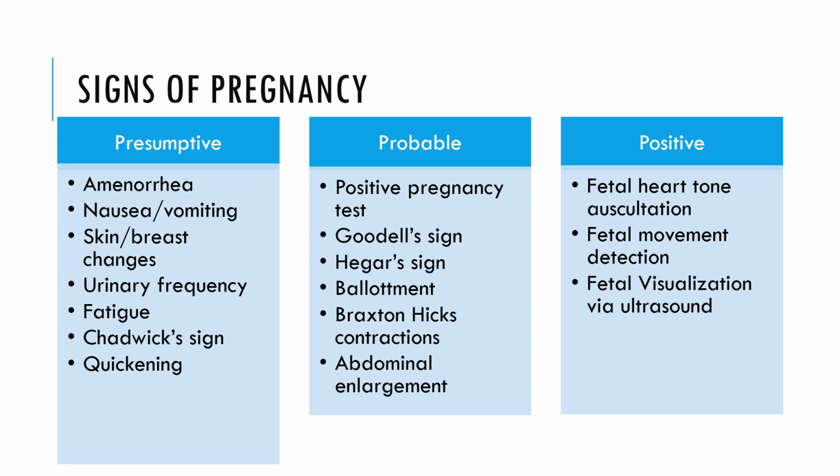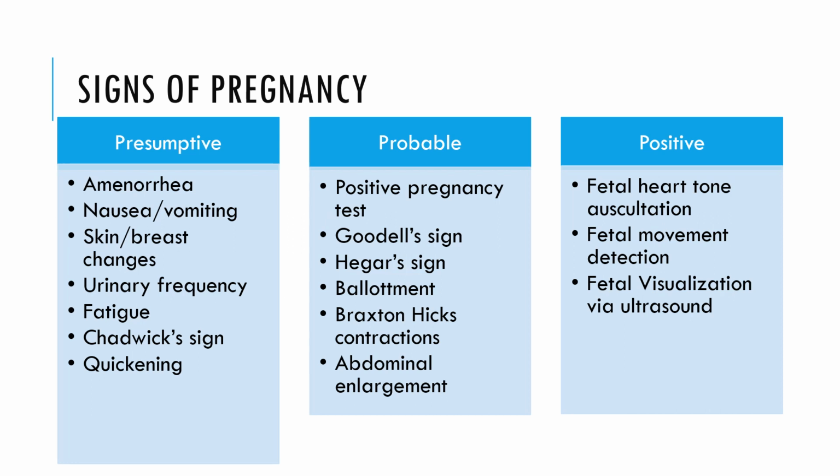They may come in, and a Goodell sign is going to be when they're examined, you take note that their cervix has softened. Hegar sign is when they do the exam, you'll notice that the lower uterine segment is able to be compressed to a paper-thin kind of consistency.